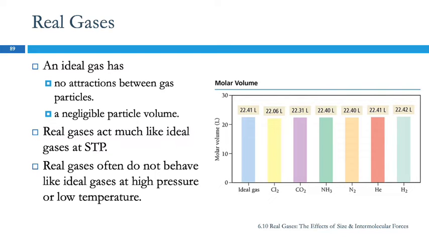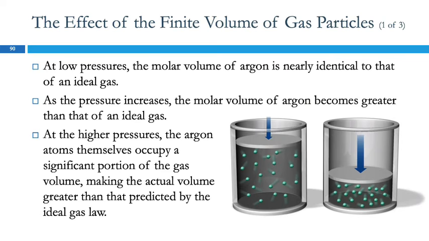Because at STP, the volume of the particles is negligible and the interactions between the gas particles are also negligible. But if we get to a high pressure or a low temperature, then those things are not true and we see deviation. So what happens?